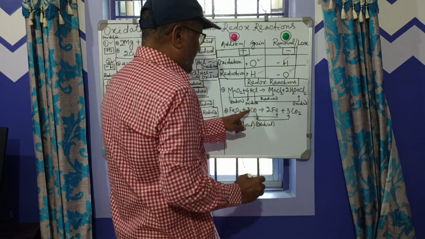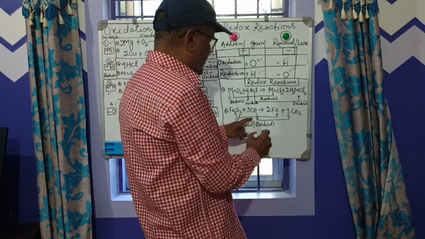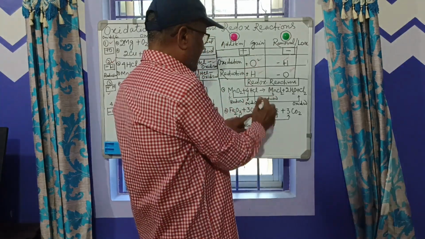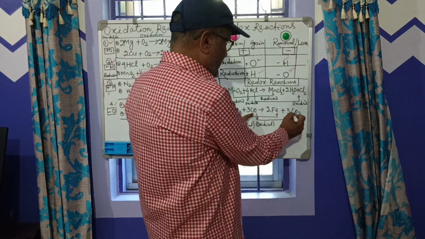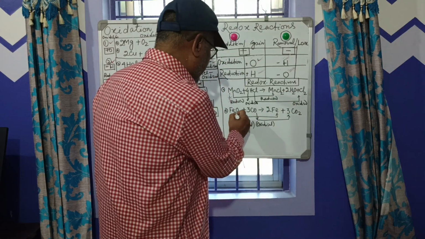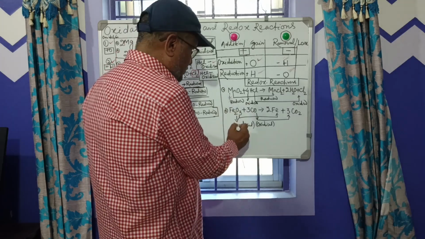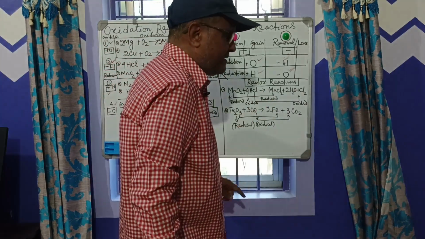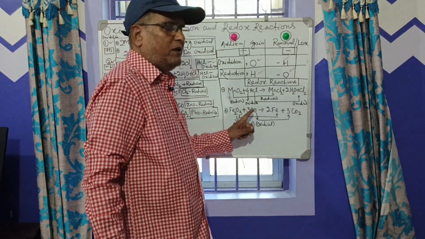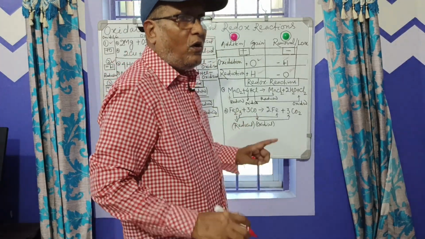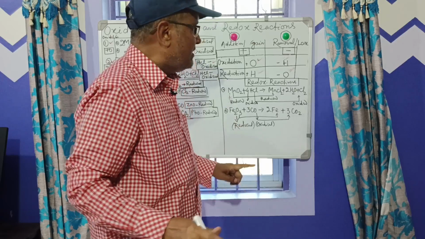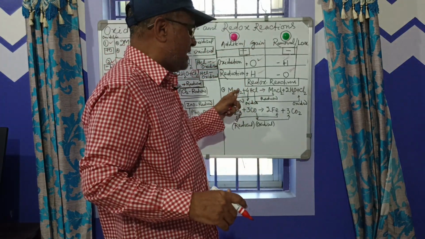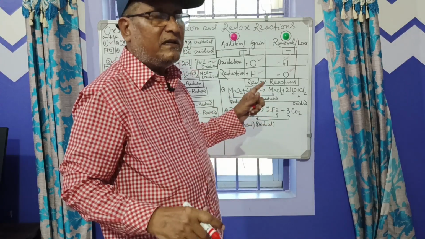At the same time, carbon monoxide gains oxygen, addition of oxygen, and is oxidized to carbon dioxide. So iron oxide is reduced and carbon monoxide is oxidized. Of the two reactants, one is reduced and the other is oxidized. So this is called oxidation reduction reaction, otherwise called redox reaction. This question was asked several times in your CBSE exam.